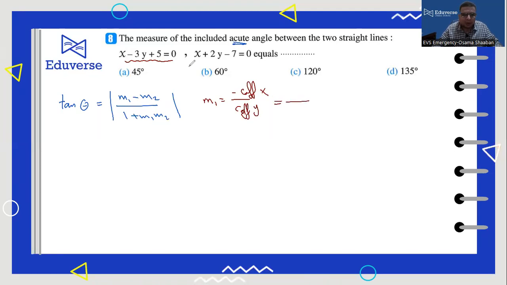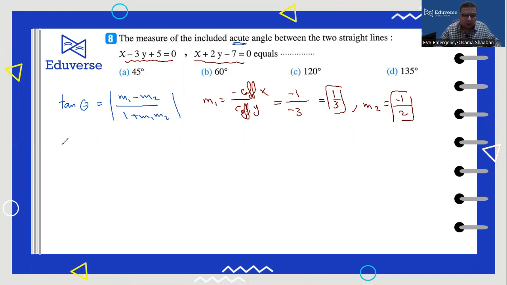So it will be negative 1 over the coefficient of y, which is negative 3, so we will get 1 over 3. And m2 equals negative coefficient of x, which is negative 1, over the coefficient of y, which is 2. So you have m1 and m2 now.